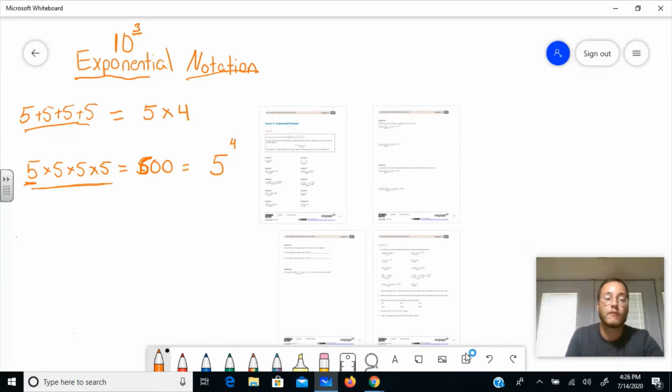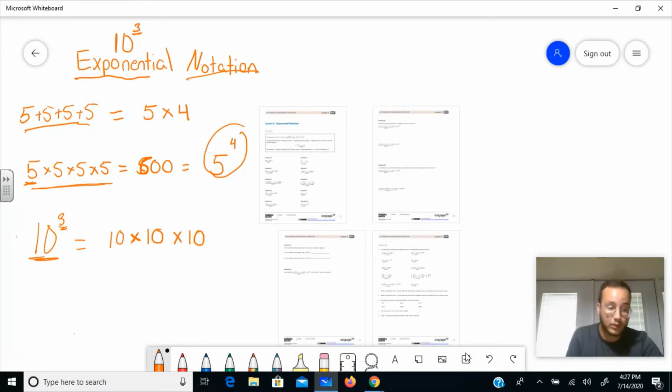If I were to go from an exponential notation back to expanded form, like let's take my 10 to the third power like I just did. If I wanted to put that in expanded form, I know that my number that's being multiplied over and over is this base number of 10. So I have 10, and that appears to be multiplied 3 times. So 10 times 10 times 10.